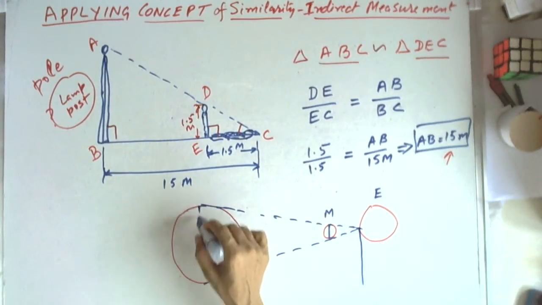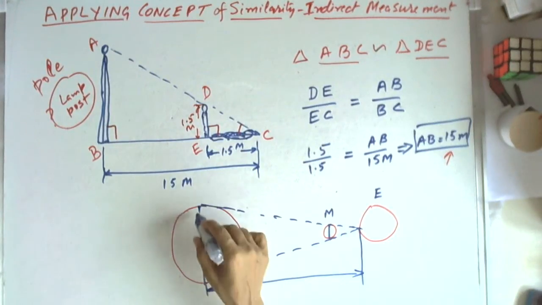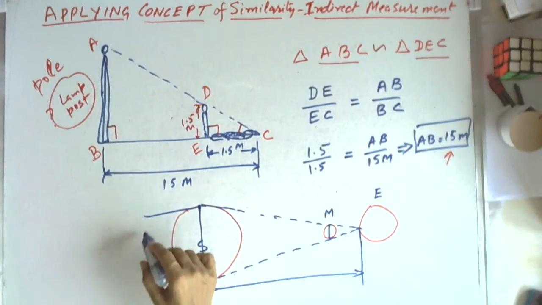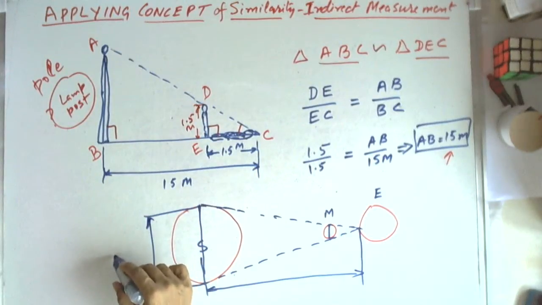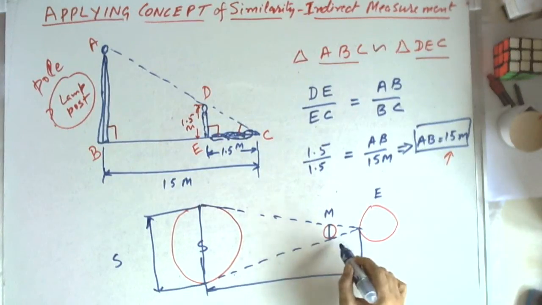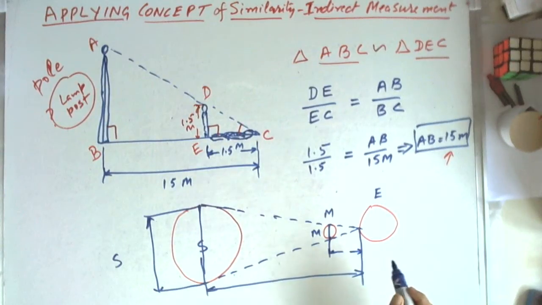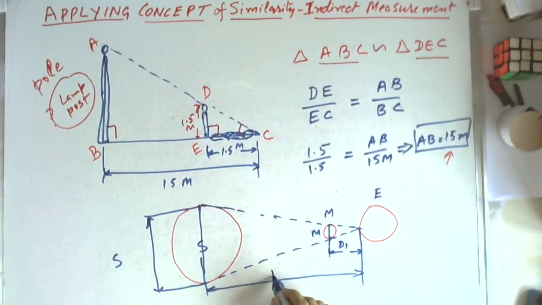So in this case, this is the diameter of the sun, suppose sun diameter S, and this is the diameter of the moon, which is M. And this is one distance D1, and this is distance D2.